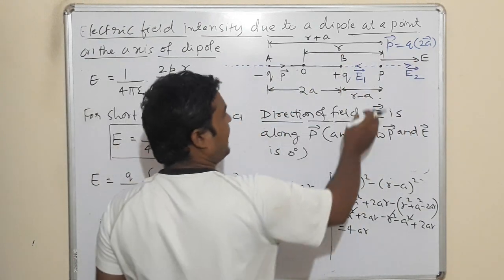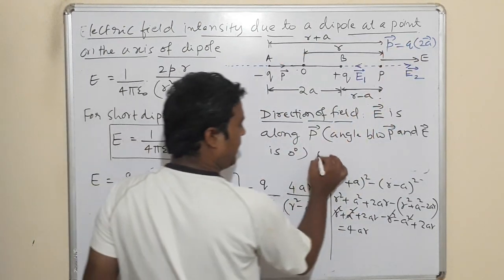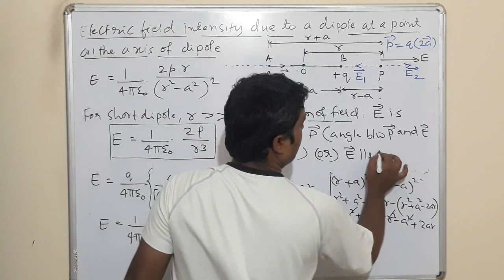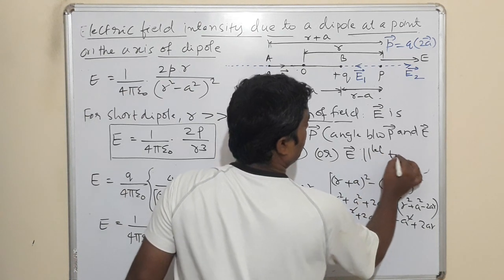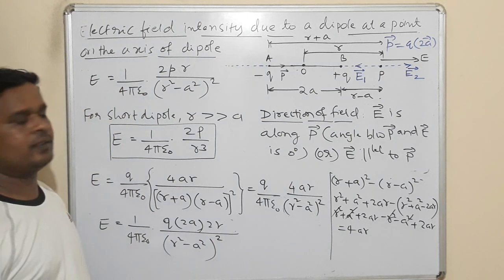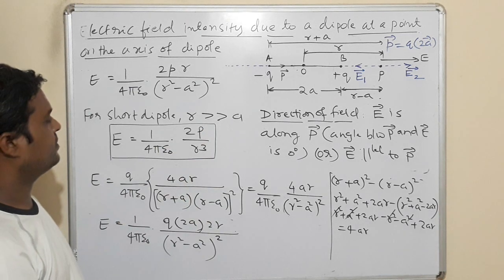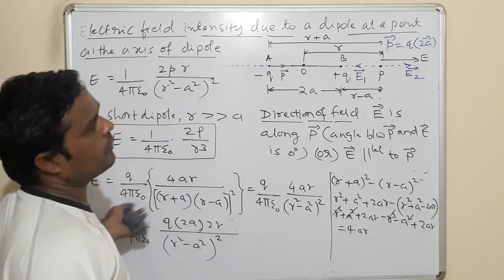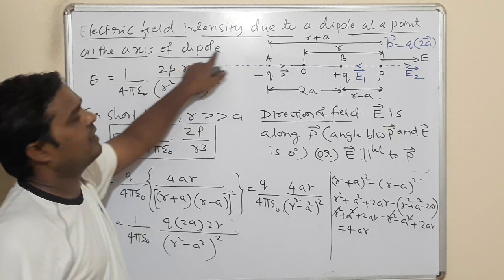Or else you can say E is parallel to P when we take the point on the axis of the dipole. Understood? Okay? This is a very simple derivation of the electric field when the point is taken on the axis of the dipole.